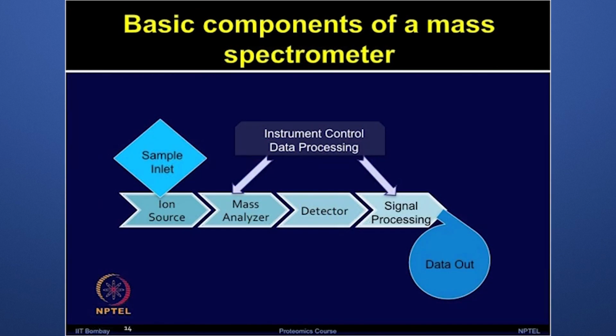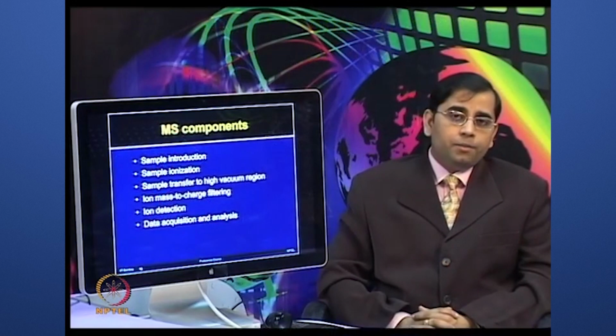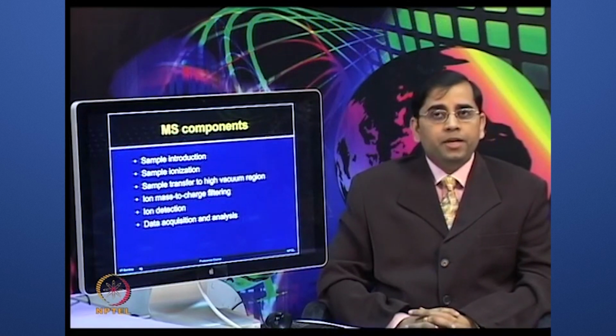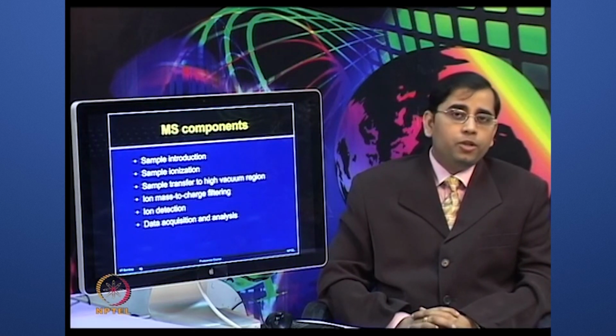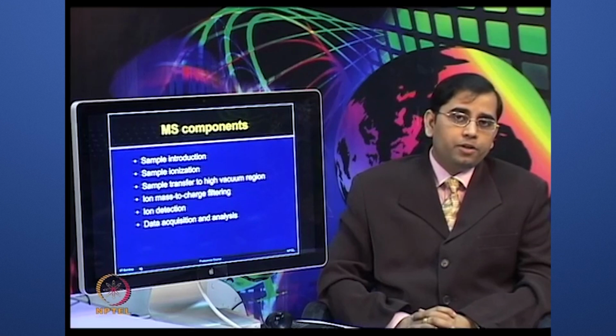Although there are three major components involved, the ionization source, mass analyzer and detector, there are some accessory components which are also equally important for doing mass spectrometry based experiments. These include sample introduction. One can couple that with HPLC or chip based technologies for liquid chromatography based separations.